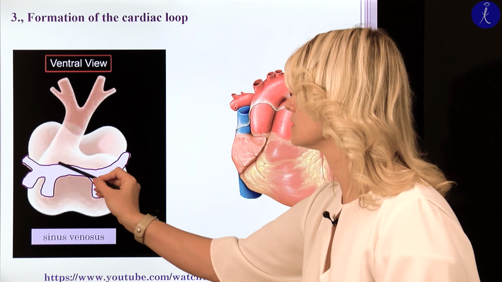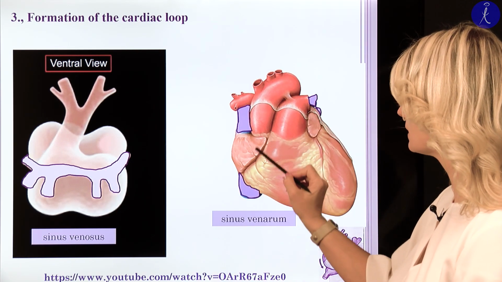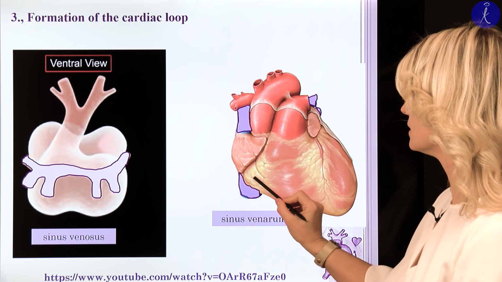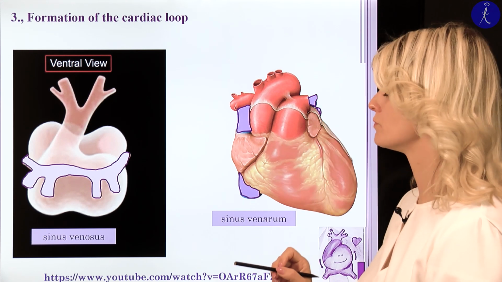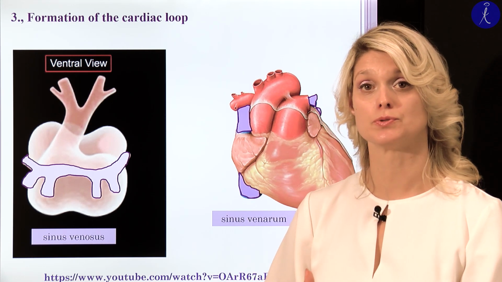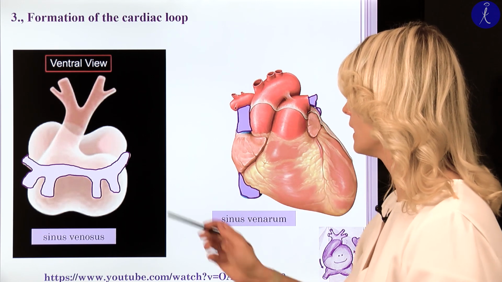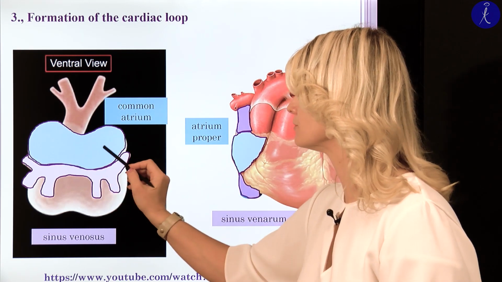So here you can see the sinus venosus. It's located in the posterior part. Here you can see the veins, the superior vena cava, the inferior vena cava, and also the pulmonary veins, which will open to the right and the left atrium. After, the next part, here you can see the common atrium.